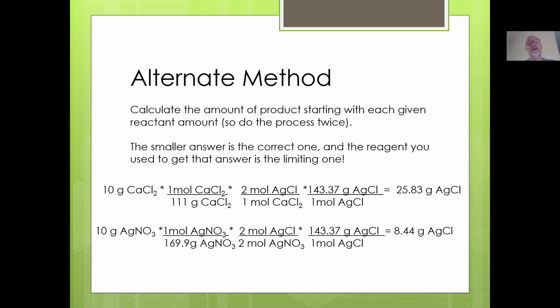As we already know, if we do the 3 steps based on the silver nitrate, I only get 8.44 grams of product. The smaller amount is the right amount. And what that means is that the silver nitrate is your limiting reagent. So it's easier just to do the 3-step stoichiometry with each of the things, and then compare your answers. The smaller answer, that's the right one. What I start with to get that smaller answer, that's the limiting reagent.